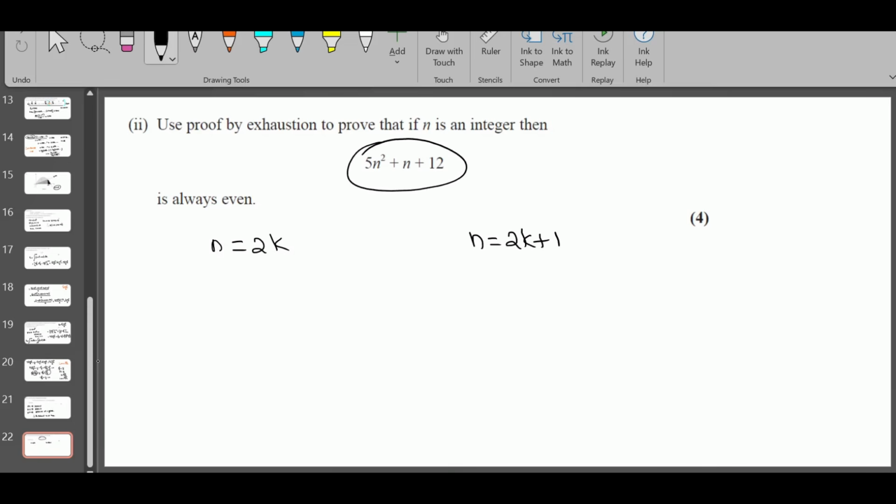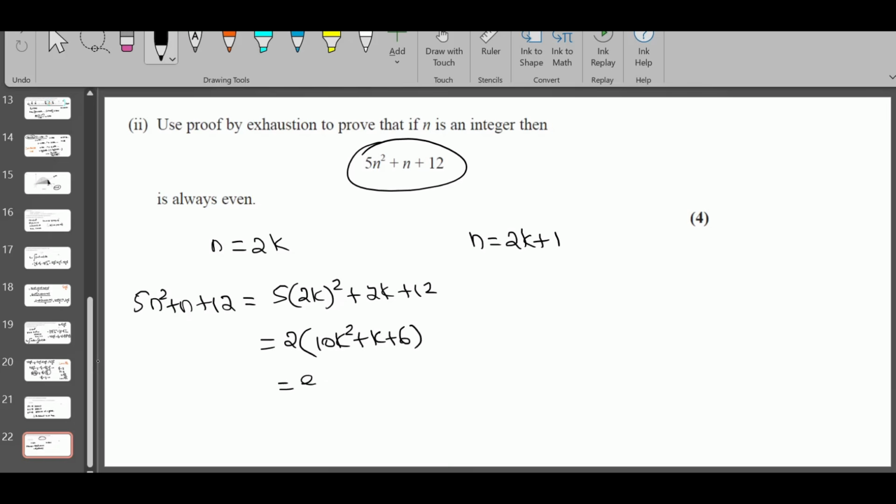And let's calculate this. 5n square plus n plus 12 is 20k square plus 2k plus 12. So you take 2 as a common factor out: 10k square plus k plus 6 is even, right?